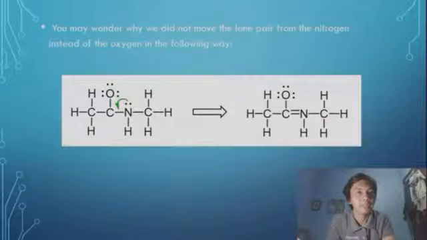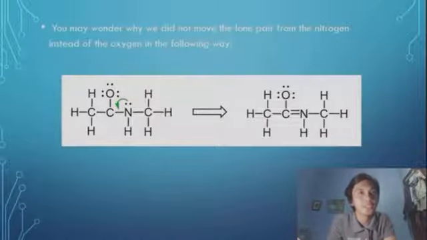Now let's pay attention to something more interesting here. You may wonder why we did not move the lone pair from the nitrogen instead of the oxygen in the following way. That is a good question, and the answer is that it can be done either way.